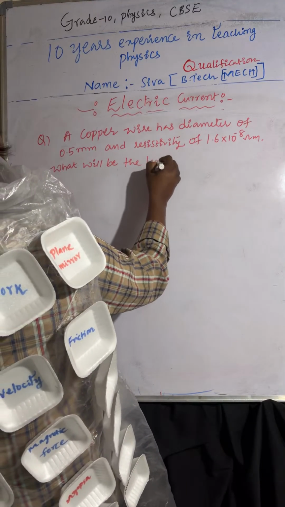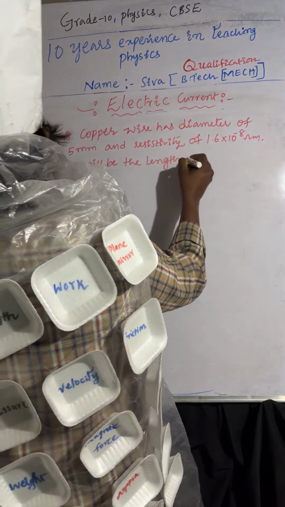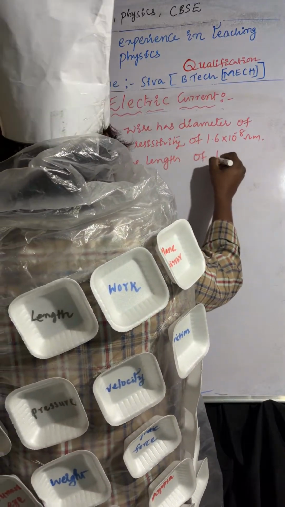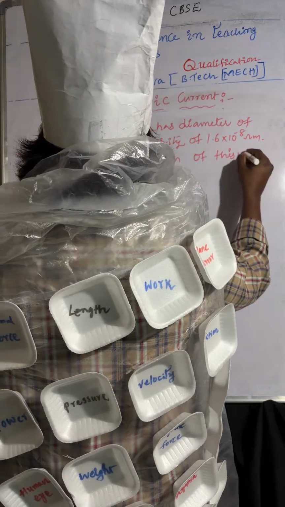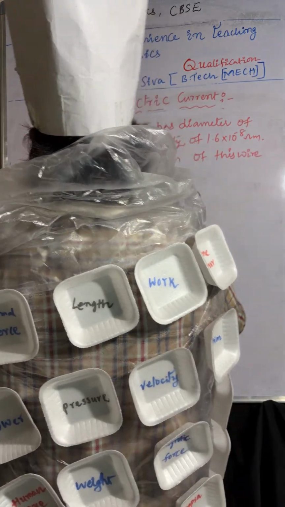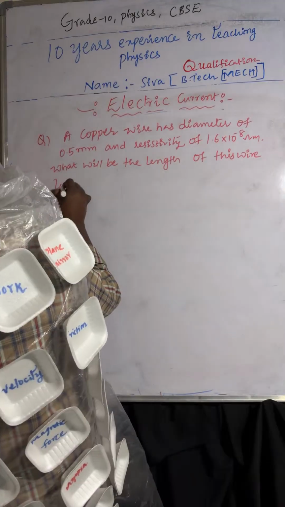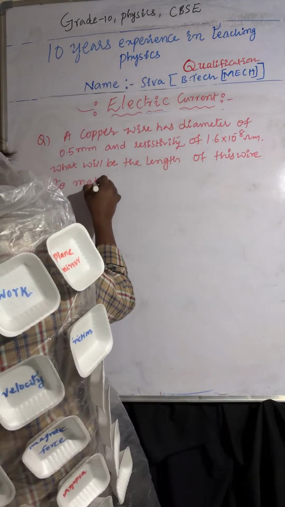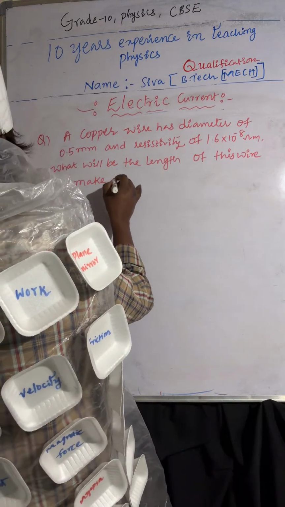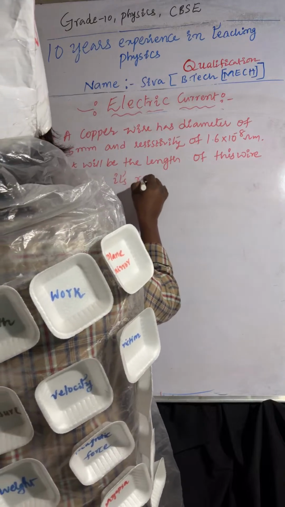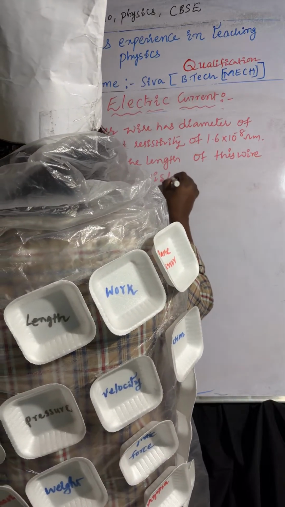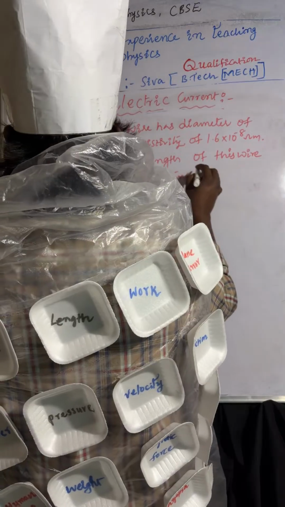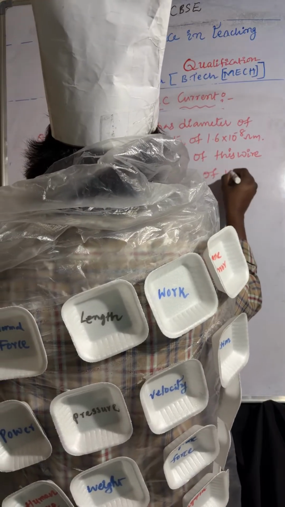What will be the length of this wire to make its resistance 10 ohm?